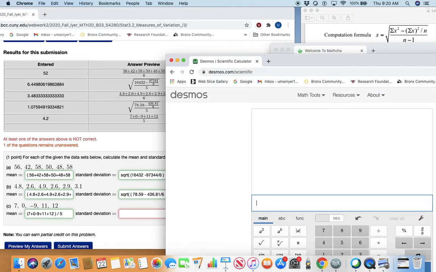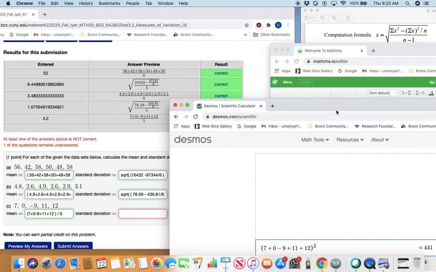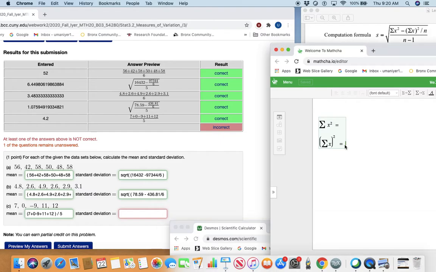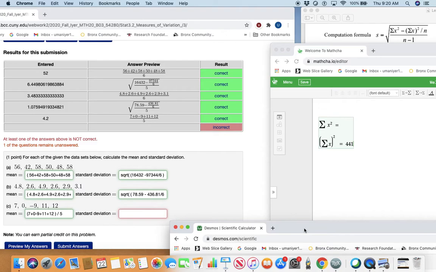So 7 plus 0 minus 9 plus 11 plus 12. Added those numbers, power 2, 441. So adding all the numbers, then taking the square gets me 441.